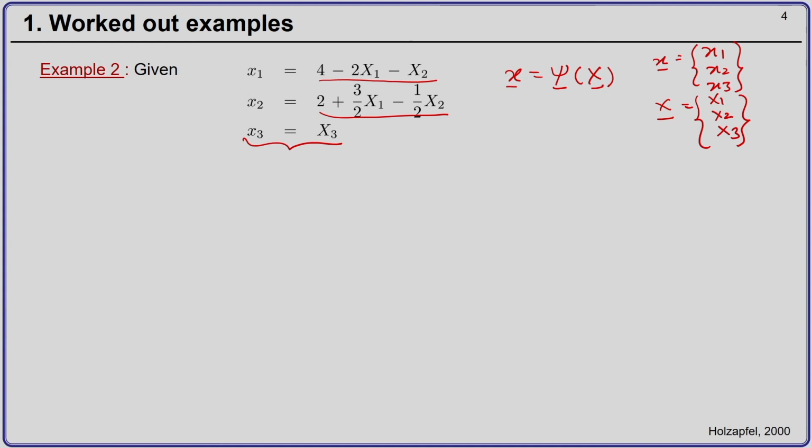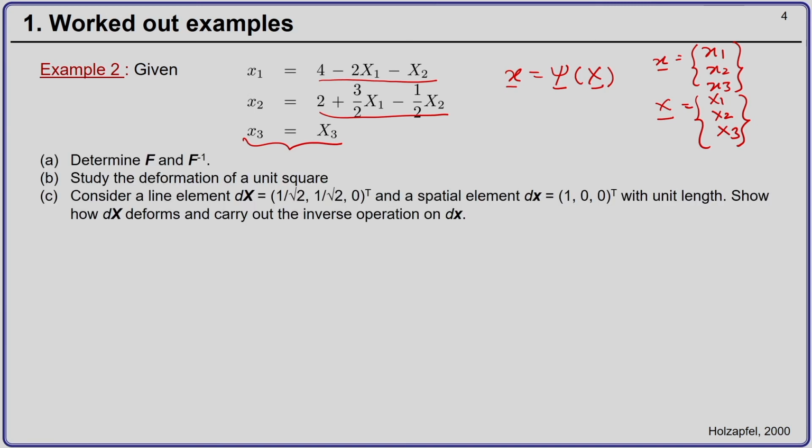But here, for numerical example purposes, we have just started with a known mapping and we want to see how we can find the deformation gradient tensor F, find its inverse, and then study the deformation of a unit square whose one corner is at the origin. That means X1 equal to 0, X2 equal to 0, X3 equal to 0.